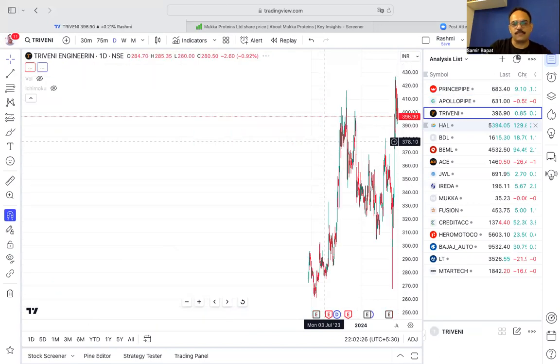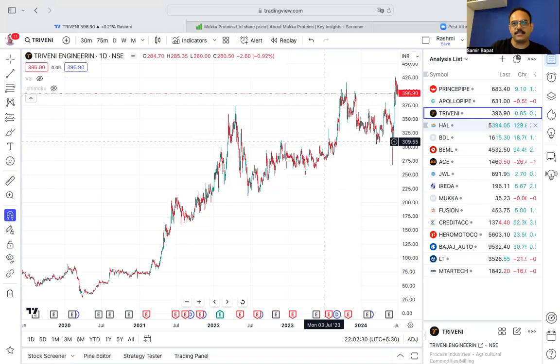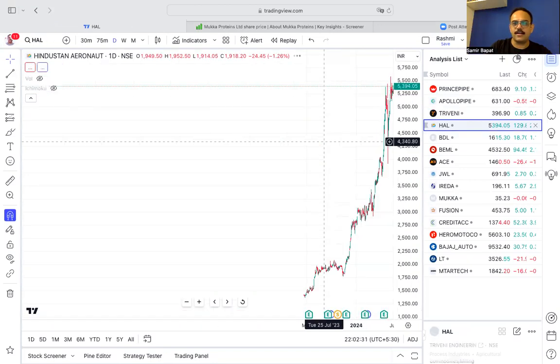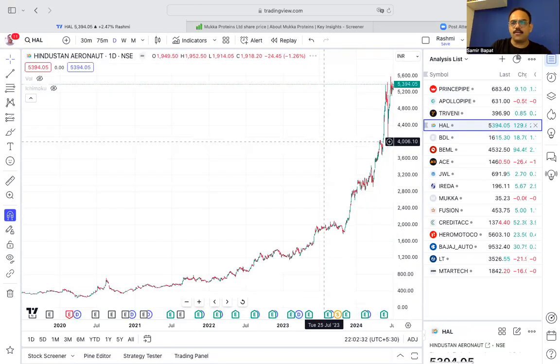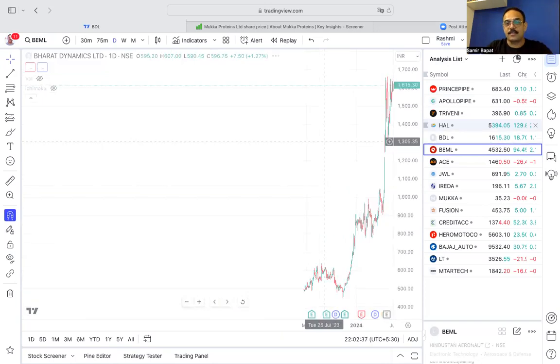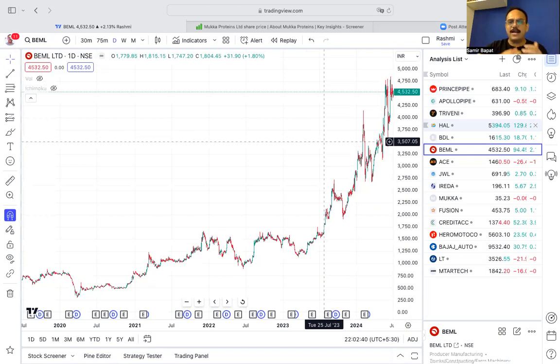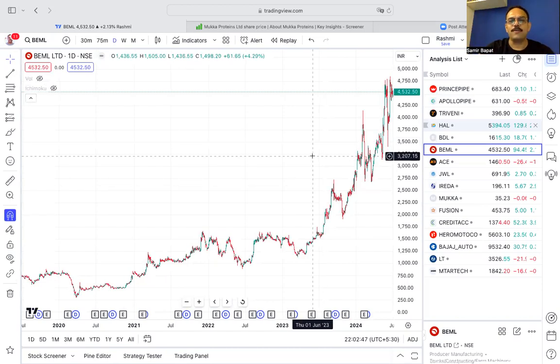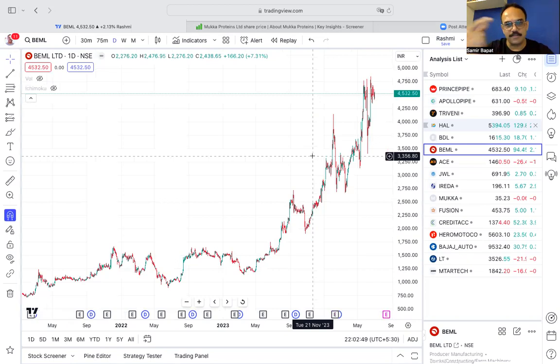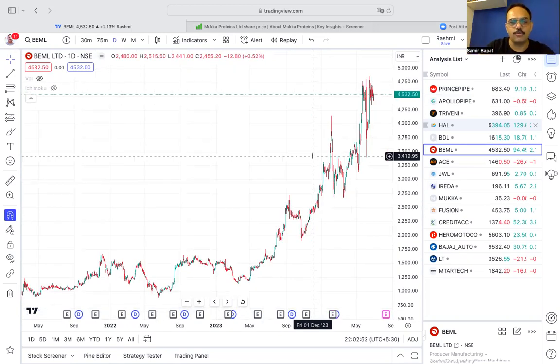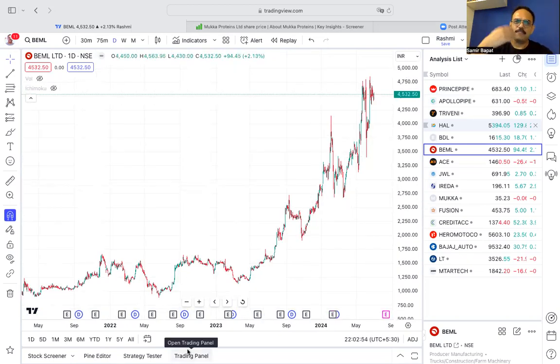It has gone 50 to 390, 6 to 7x, HAL 10x, BDL almost 5 to 6x, BML. So all the stories have played out well now, and it is likely that they have gone beyond their limits, overheated also possible. So we have to be cautious investing in this. We should be finding new stories. Once we have new stories, then we can go to Screener and find which companies are working in that.